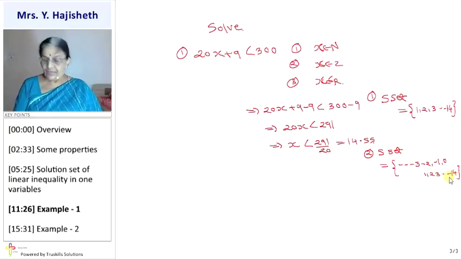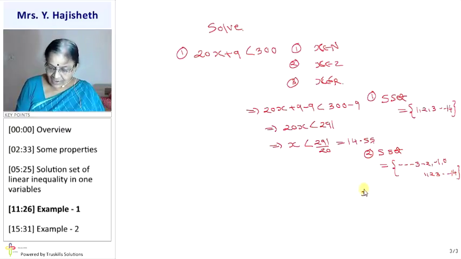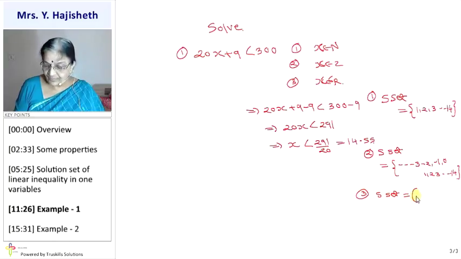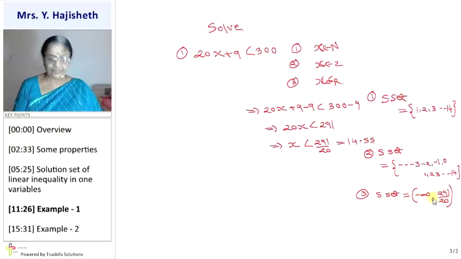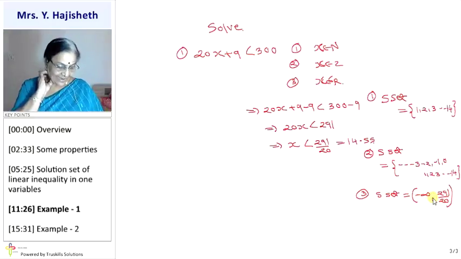Clear? And if it belongs to R, then my solution set is the open interval minus infinity to 291 by 20. This is my answer for the third.